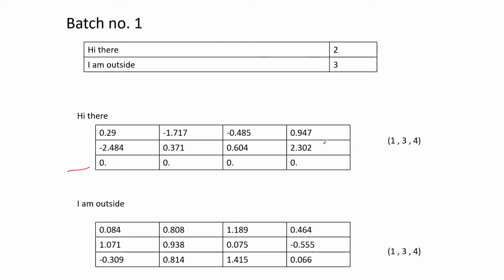We padded one extra row, so this became 1 comma 3 comma 4, and this was already 1 comma 3 comma 4. "Hi there" initially had 2 rows, we added one more, now it is 3. So 3 rows and 4 columns, and "I am outside" also had 3 rows and 4 columns. So you can see these two match: 1 3 4 and 1 3 4.